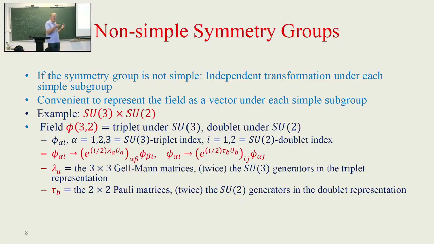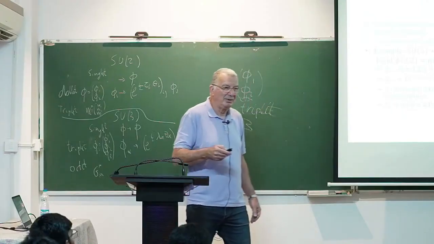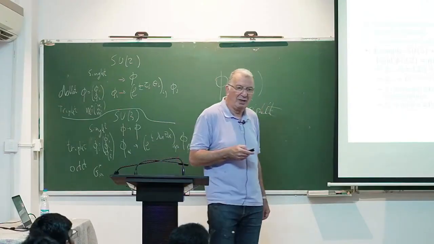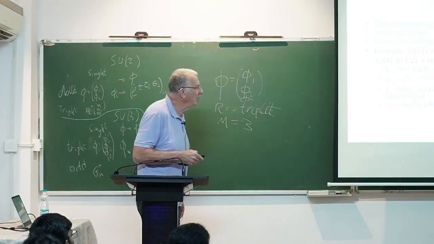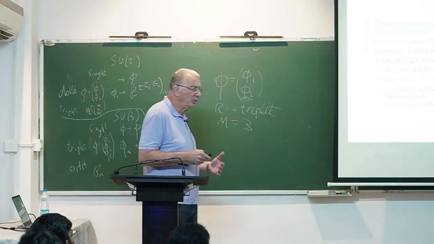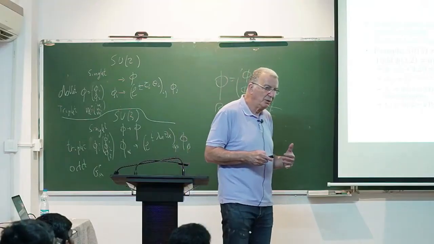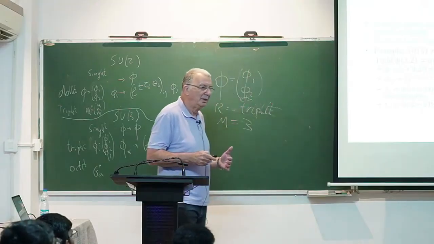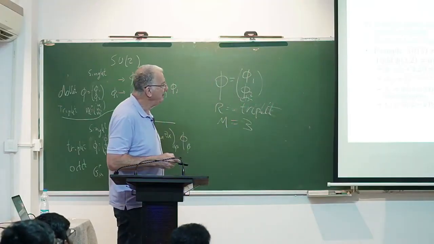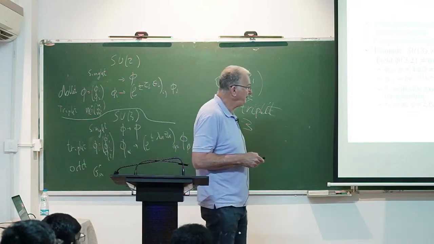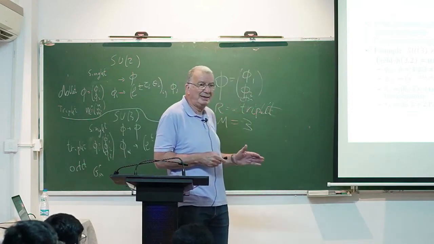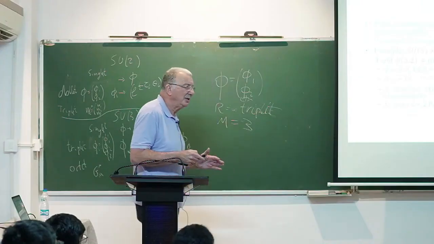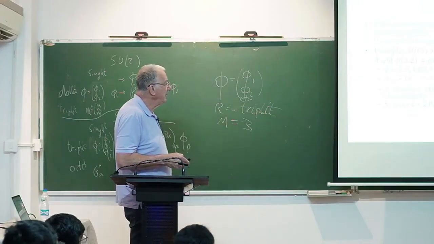Sigma z is 1 and minus 1 on the diagonal, sigma x is 1 and 1 off diagonal, and sigma y is minus i and i on the off diagonal. And that's because SU(2) is the group related to spin, and that's related to how spin transformations go. But here we are talking about internal symmetries, nothing to do with space-time.